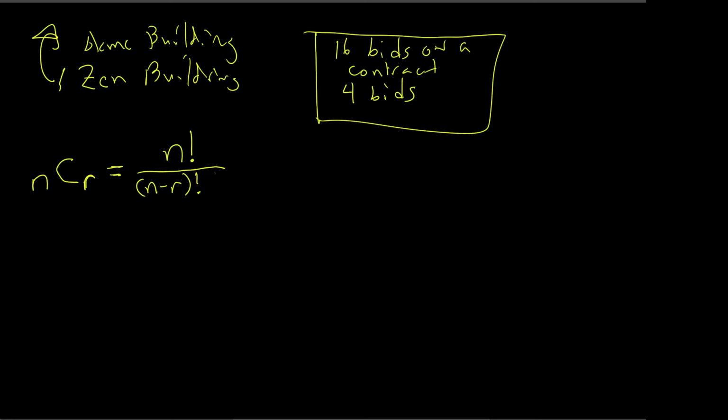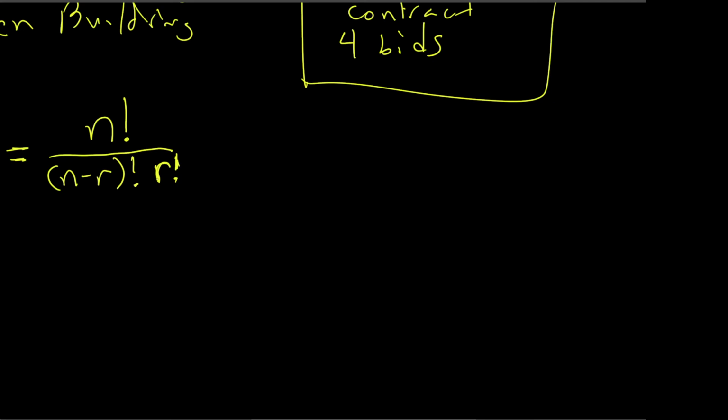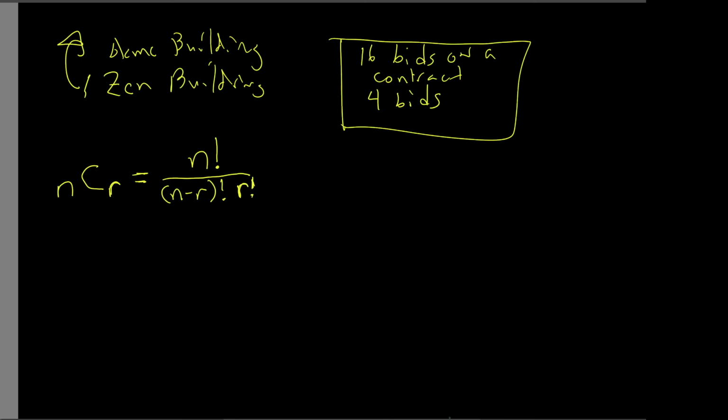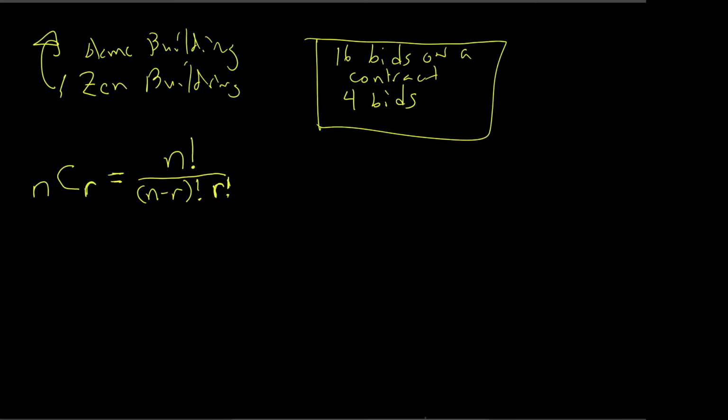We need to divide how often the things I chose repeat. We divide the repeats out by putting r factorial down there. So it is the permutations dividing out the repeats, and that's what that r factorial is. Of course r has to be less than or equal to n, but it can be equal to.